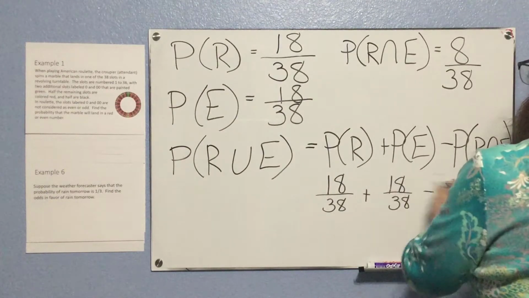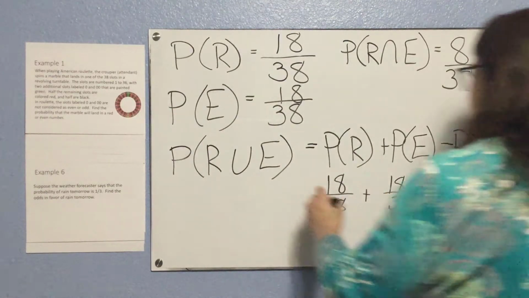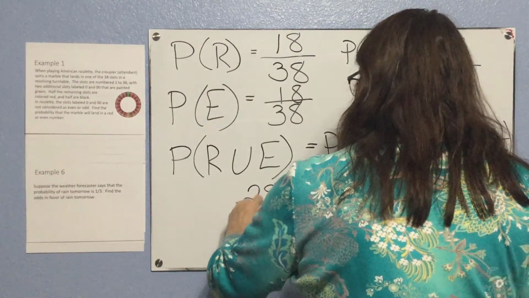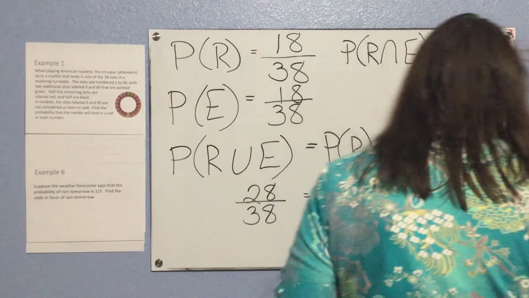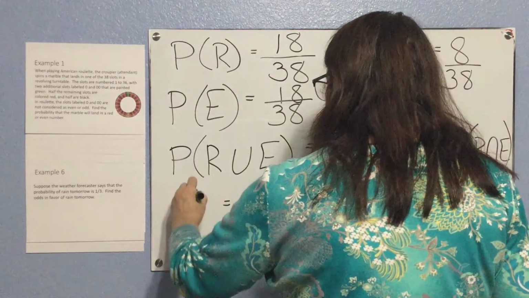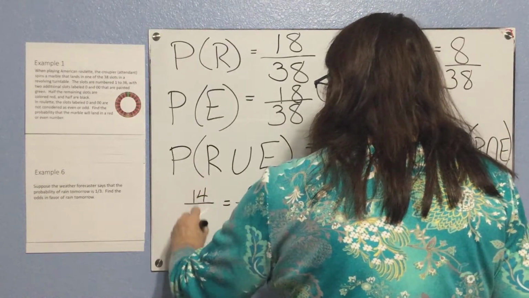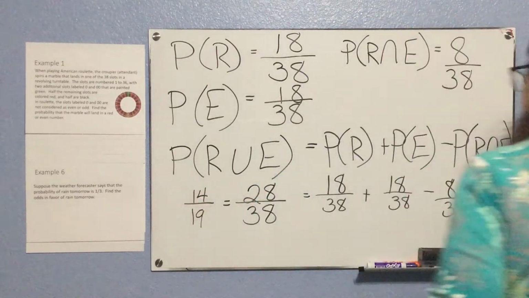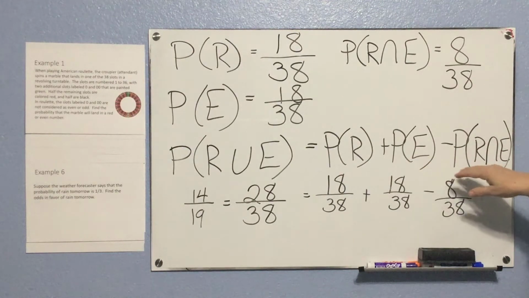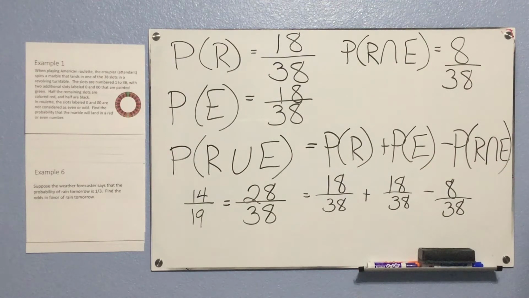But I've got 18 minus 8, that's 10, plus 18. So this would be 28 over 38. And then I could reduce that to 14 over 19. And you might notice that these probabilities work in very much the same way as sets. Pause the video now and work on checkpoint 1.